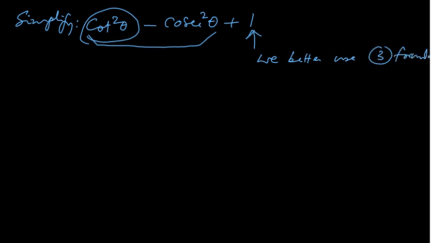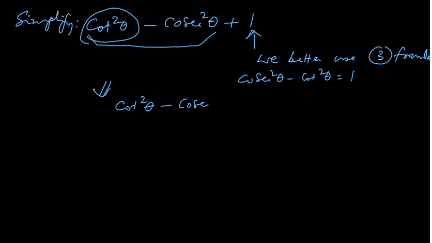This is what I mean by depending on the situation. So what is the third formula? Cosecant square theta minus cot square theta equals 1. You replace this 1 with it. Don't disturb the other one, because those are heavy formulas to remember; this is the easier formula to remember.